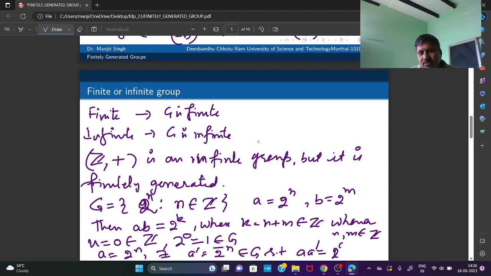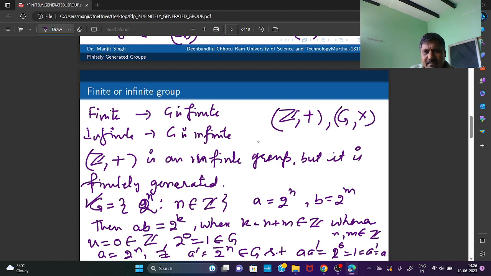So it can be seen that this is a group. This is also an infinite group. In fact, both groups are the same, mathematically the same. Such situations will be discussed in the isomorphism of groups.